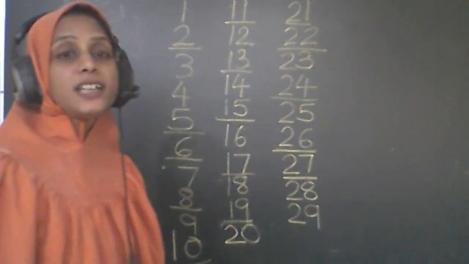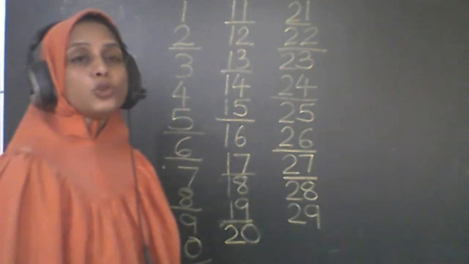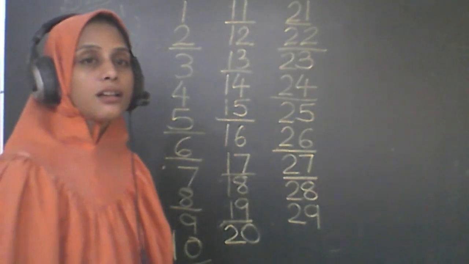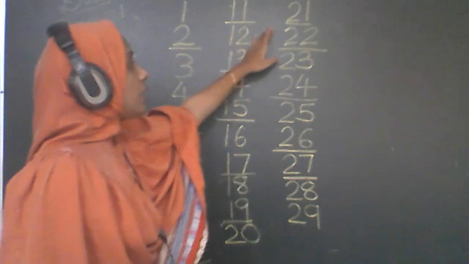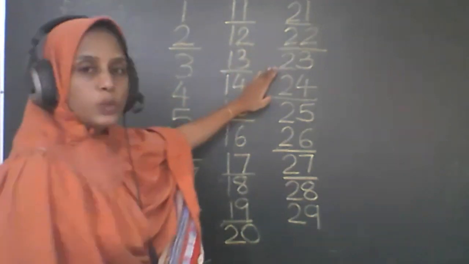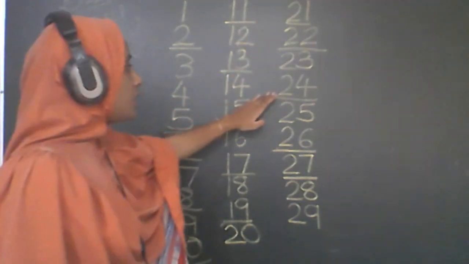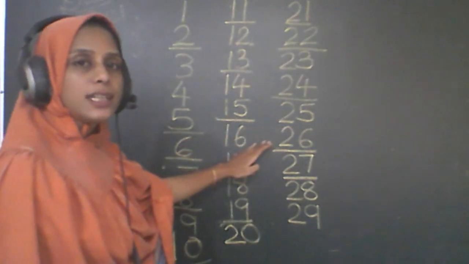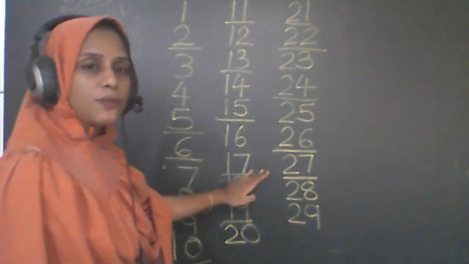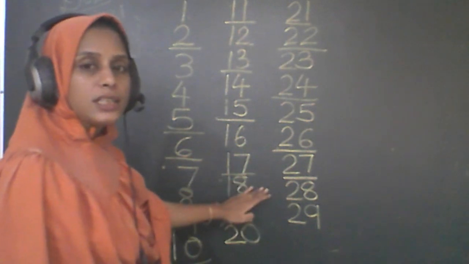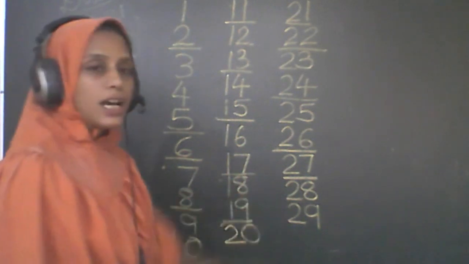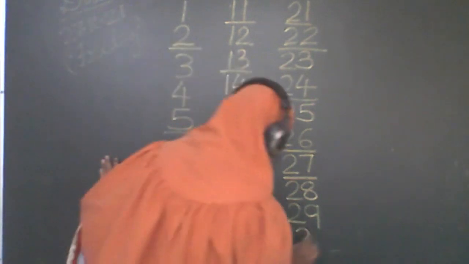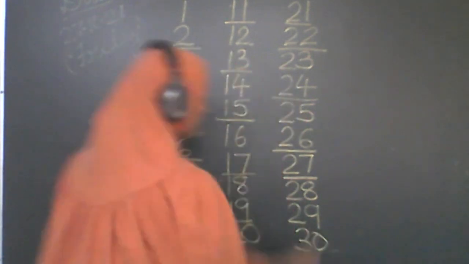Then after 29, the next number is missing. So what comes after 29? Let's count. 21, 22, 23, 24, 25, 26, 27, 28, 29 and 30.